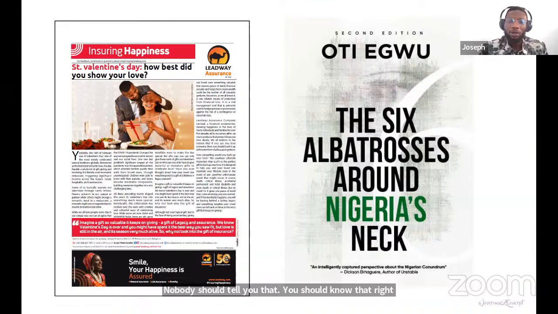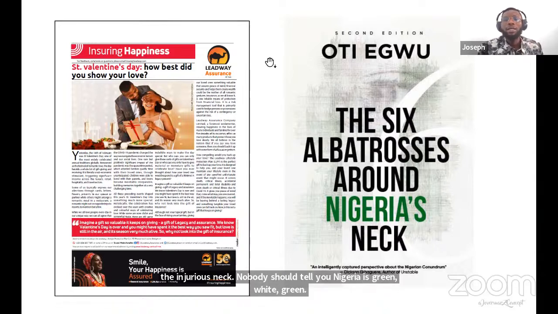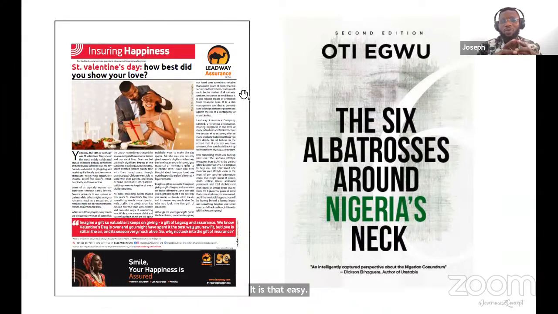So on the other side, the right hand, you see the book cover that says the 6 albatrosses around Nigeria's neck. Nobody should tell you Nigeria is green, white, green. It is that easy. So you just know what this project wants to communicate. And how do I communicate this with color?